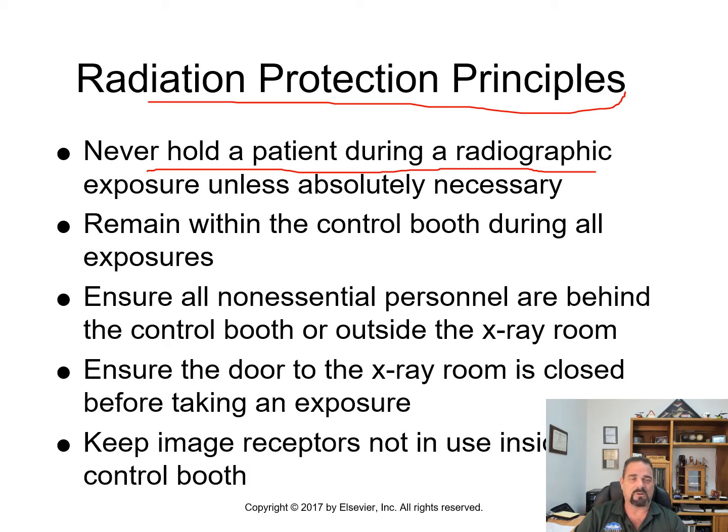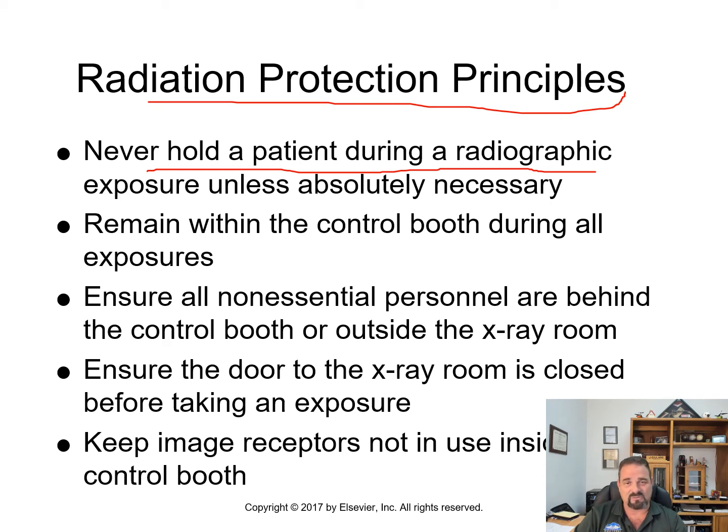So it's very important. If you have to hold the patient, most commonly it is a geriatric patient, a patient with altered mental status, a pediatric patient, or even an infant that you're trying to get the X-ray from. If you can, elicit the help of parents if it's an infant or a child, and make sure to put a lead apron on them.